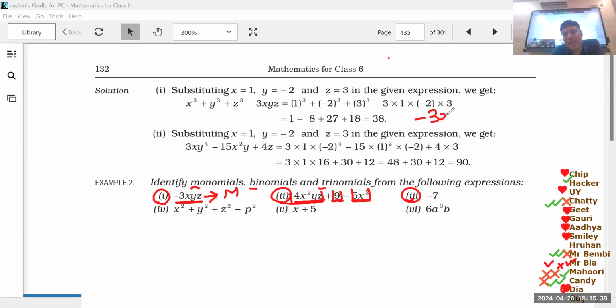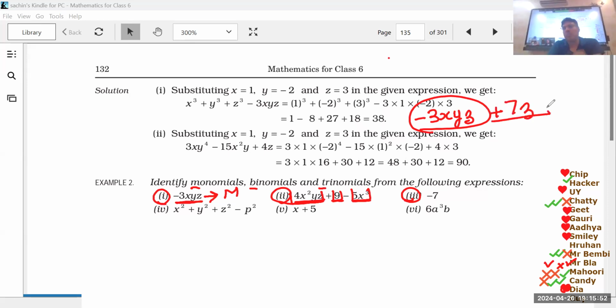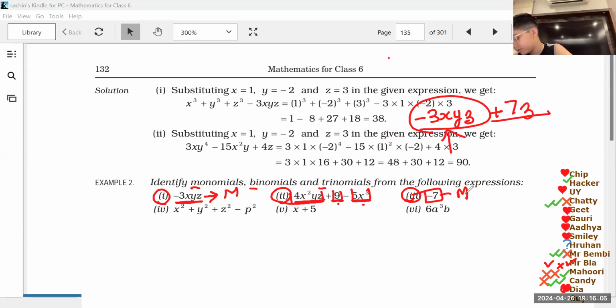Minus 3xyz is only one term. If I add or subtract something in it, then there will be two terms. Right now I am not adding anything, it is one term. Okay, sir. If I add plus 7z, then it becomes two terms. This is one negative term. This is one term, two term, three term. Now this is one term, monomial. Understood, everyone? Yes, sir.